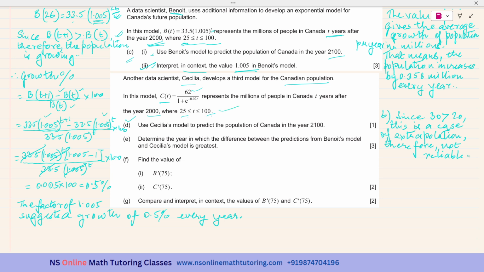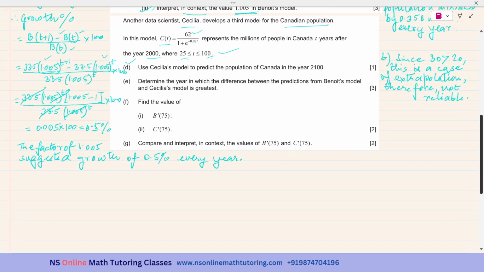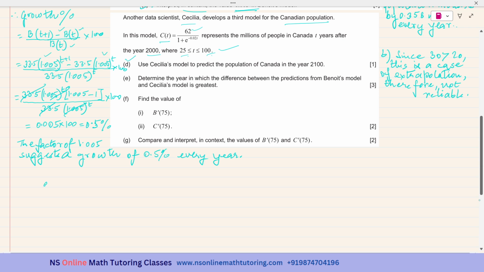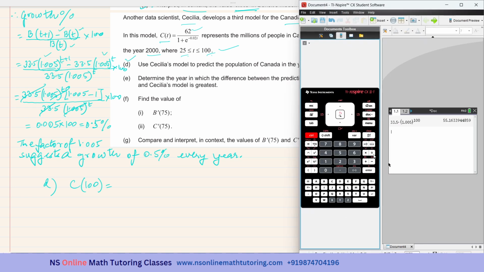So the t value will be 100. Okay. So D, C of 100 is equal to, calculator, 62 over 1 plus e to the power of negative 0.02 times 100.